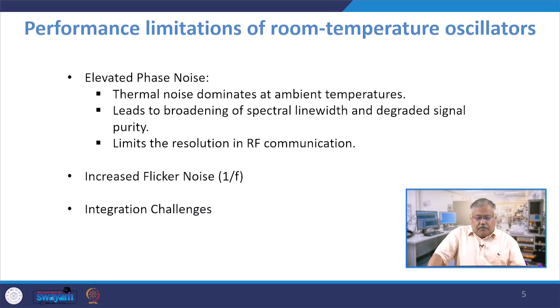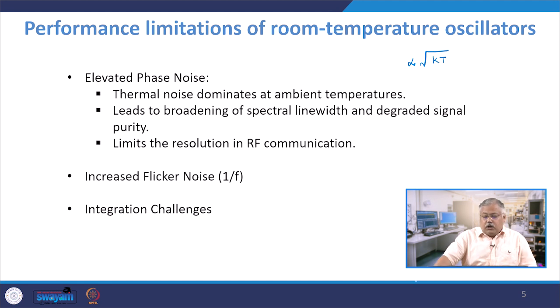Now, what are the performance limitations of a room temperature oscillator? One of the major problems of an oscillator is phase noise. Typically, at room temperature, the thermal noise dominates. You remember in my previous talks, I had shown you that the thermal noise which we have already seen is proportional to root of kT, where T is the temperature and k is the Boltzmann constant.